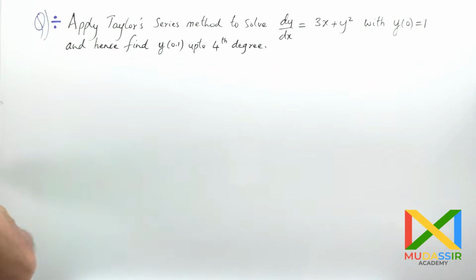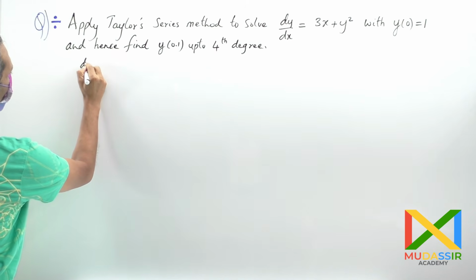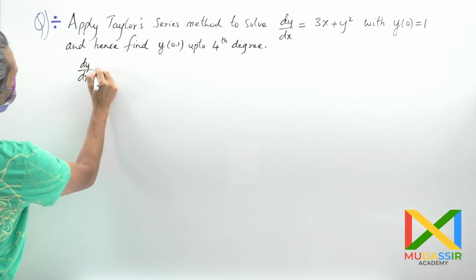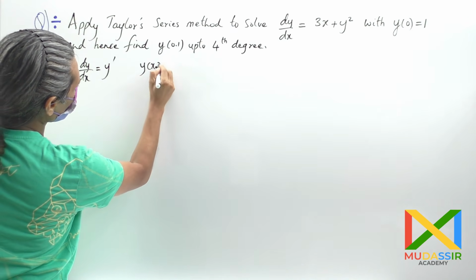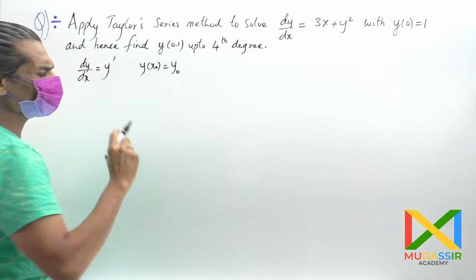In the Taylor series method, they will always give dy by dx, which is taken as y dash, and the initial value y of x naught equals y naught will always be given.